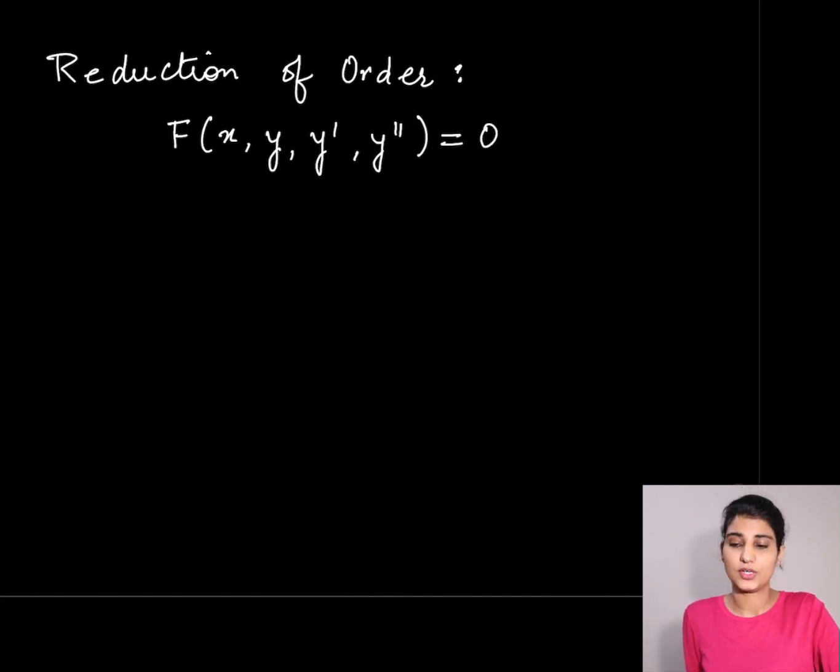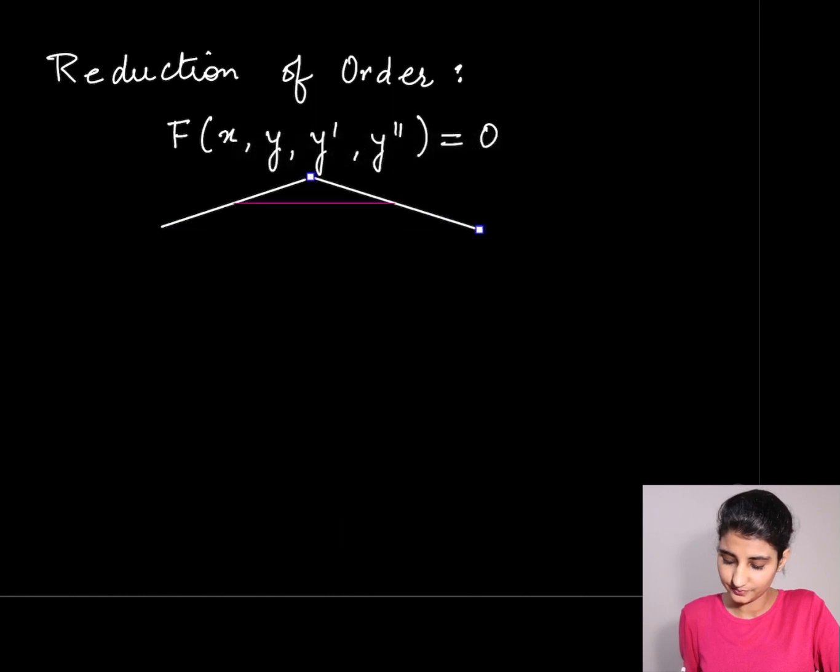Our equation will look like this. Now there are two cases when this equation can be solved very easily, and we are going to discuss those two cases in this video.